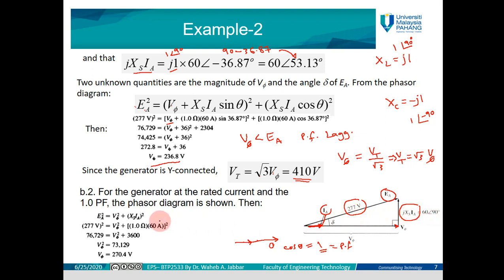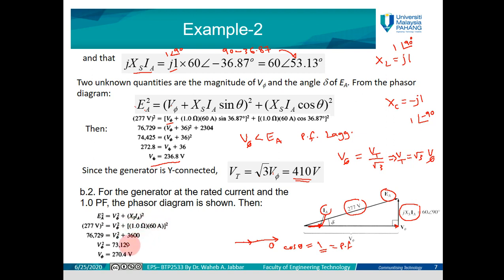So the same, we are going to apply the formula, applying Pythagoras' law. So EA squared equals V phase squared plus XS IA squared. Okay, so this is the formula here. We substitute for EA its value, 277, V phase squared, and XS, whose value is 1, and IA, whose value is 60.